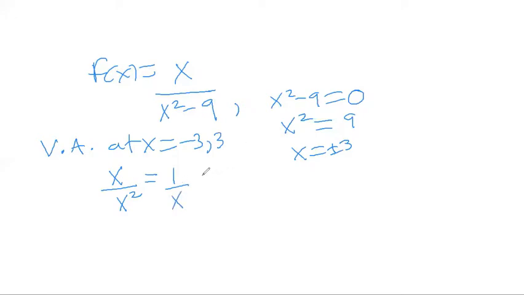So that means I have a horizontal asymptote, abbreviated as HA, I know it's a terrible joke, at y equals 0.